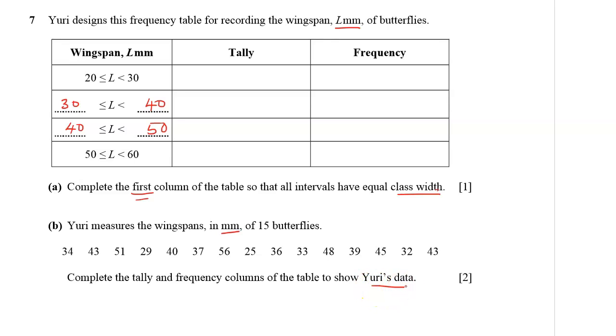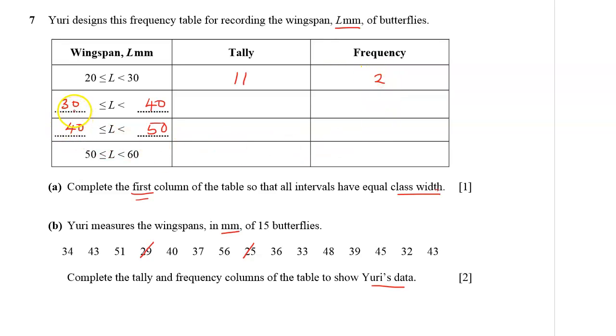From 20 to 30, you check, do you have any wingspan that falls in that? Yes, we have 29. Do you have another one? Yes, and we have 25 here. So the tally there is 2, and therefore the frequency is 2.